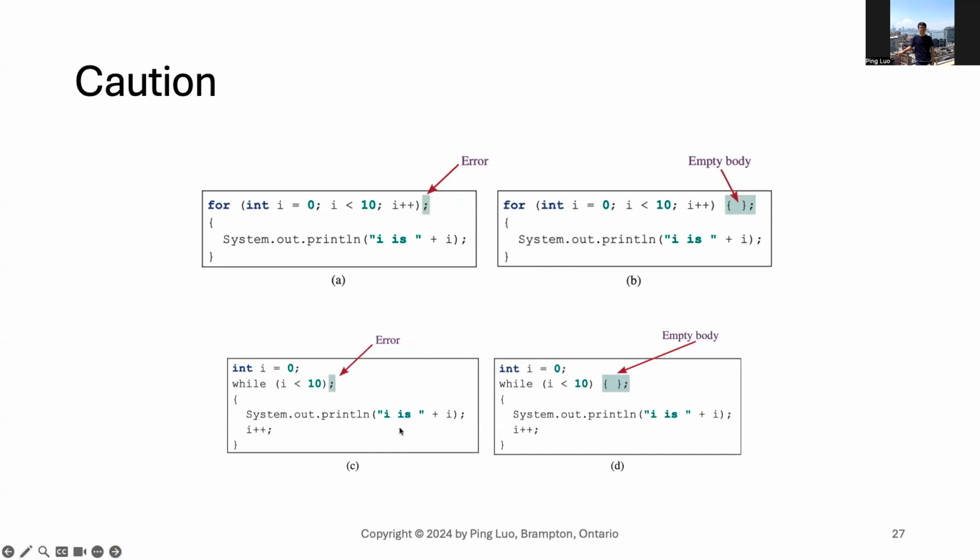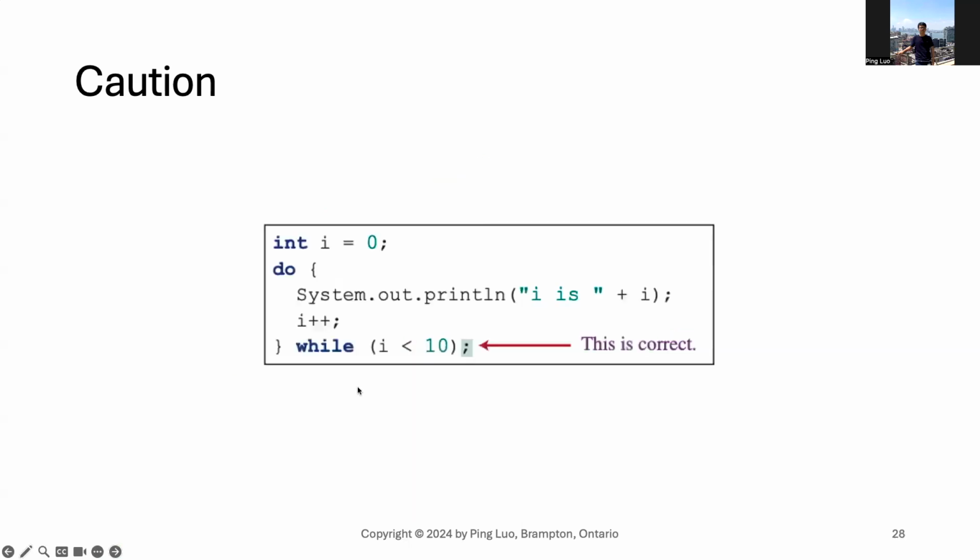For the while loop, this is not correct either, because we don't need a semicolon after that. But the do while loop needs the semicolon after this statement. Of course, it's just a simple syntax error. If you miss it, the compiler will tell you a semicolon is missing, and you need to include it.